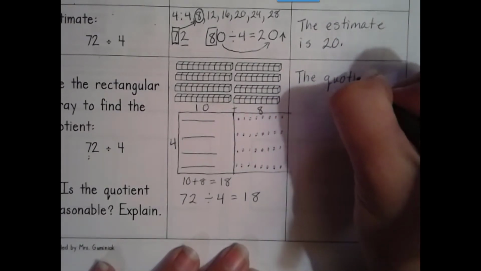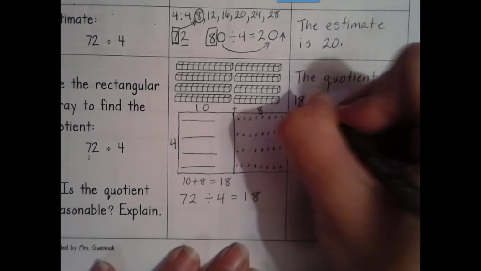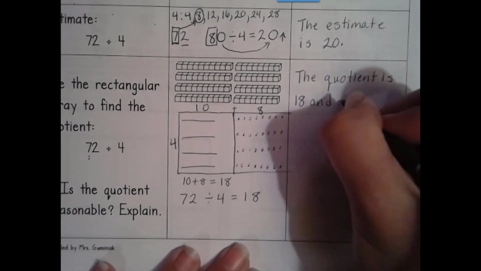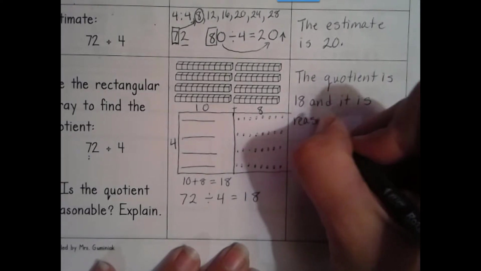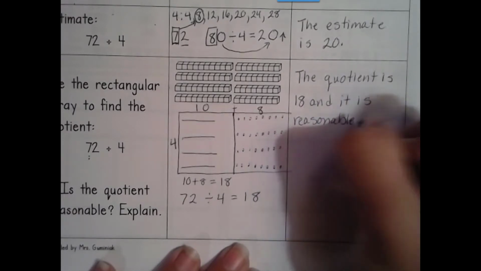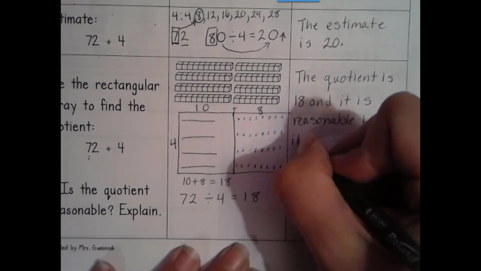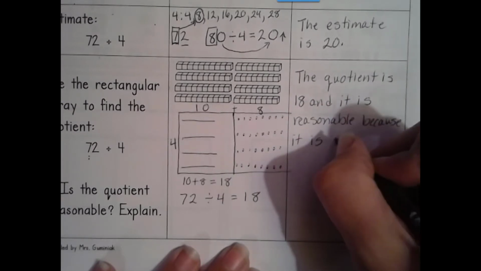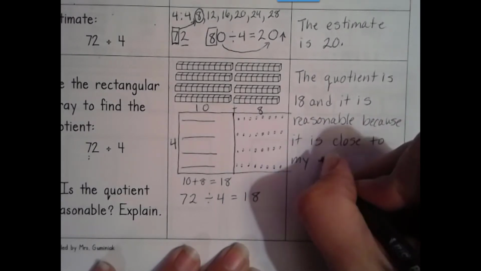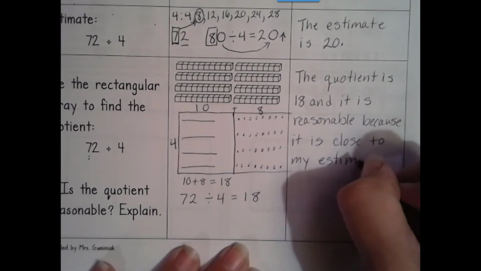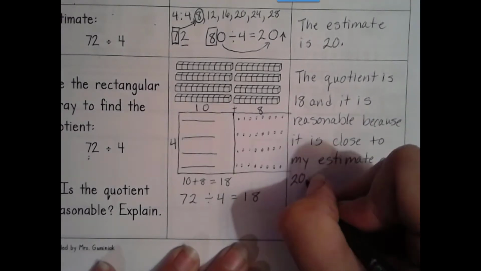The quotient is 18, and it is reasonable because it is close to my estimate of 20.